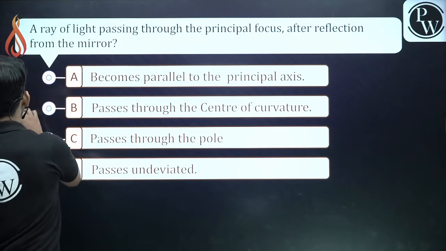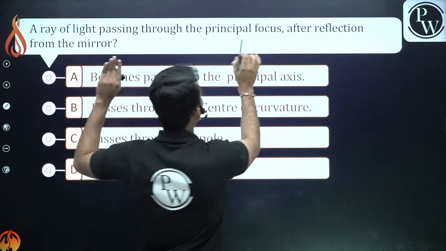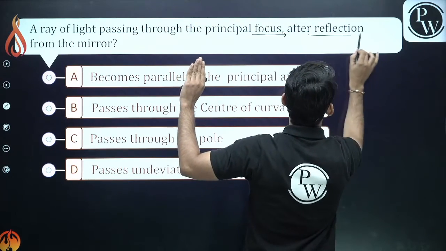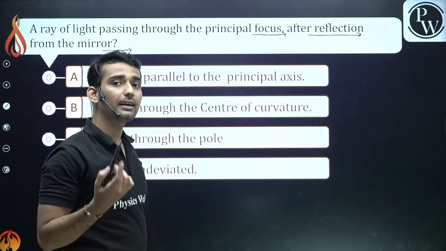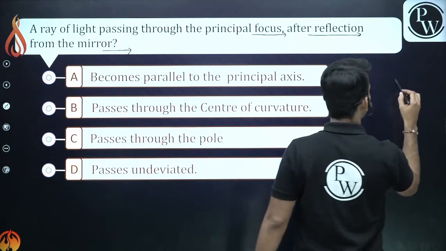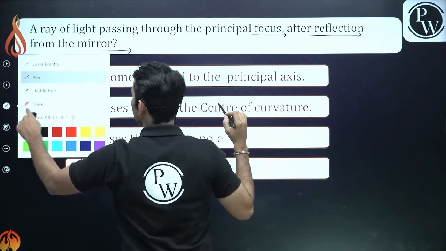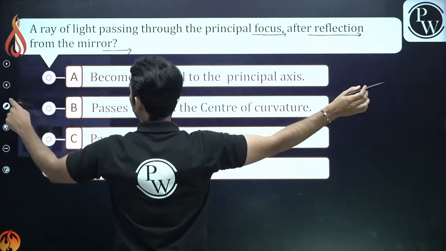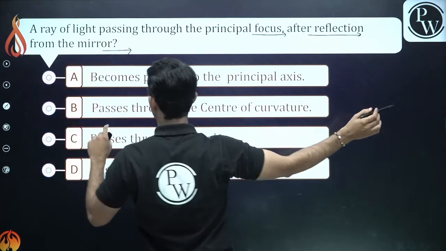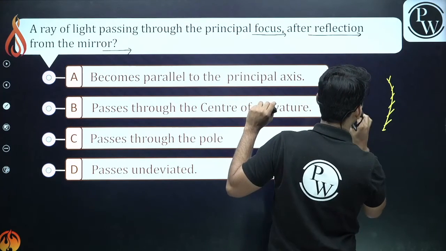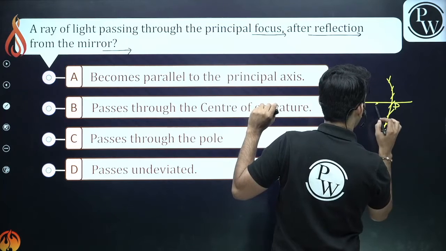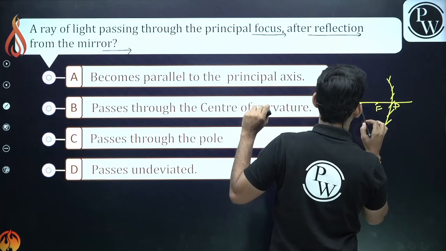Let's do a question for a recall. The question is, a ray of light is passing through the principal focus. After reflection from the mirror, what will happen, guys? If you pass any ray through the principal focus, can you recall it? What will happen to the ray? I had just told you, it will what?